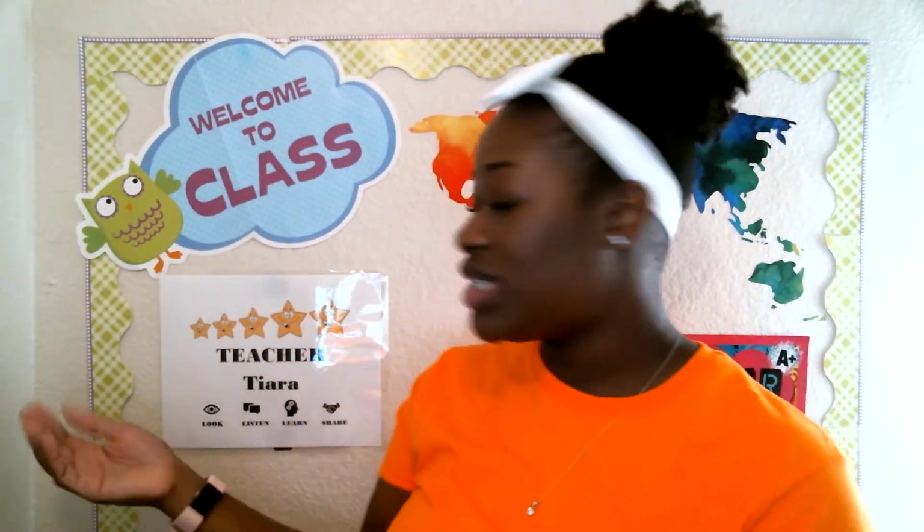It's so cute. And then this is the old Teacher Tiara sign that you used to see on my blackboard. But anyway, I just wanted to talk about my background because I am so excited. My office is coming together. When it is complete, I will give an office tour. Okay, so back to the situation at hand.